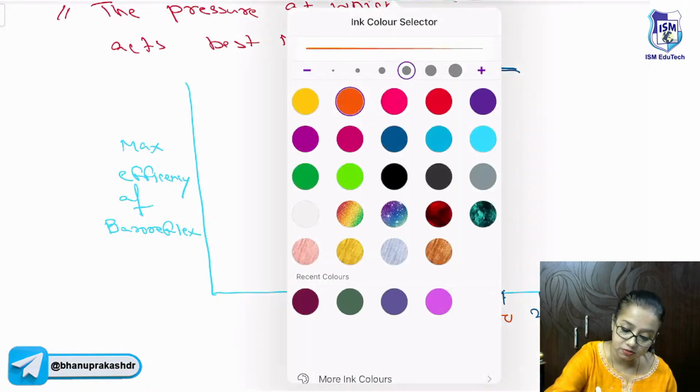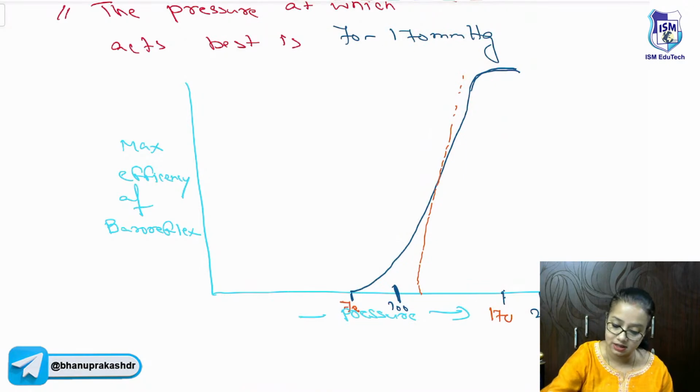Now, in case of chronic hypertension, if a person is constantly suffering from hypertension and it is not getting corrected, a new curve, a new range is attained.